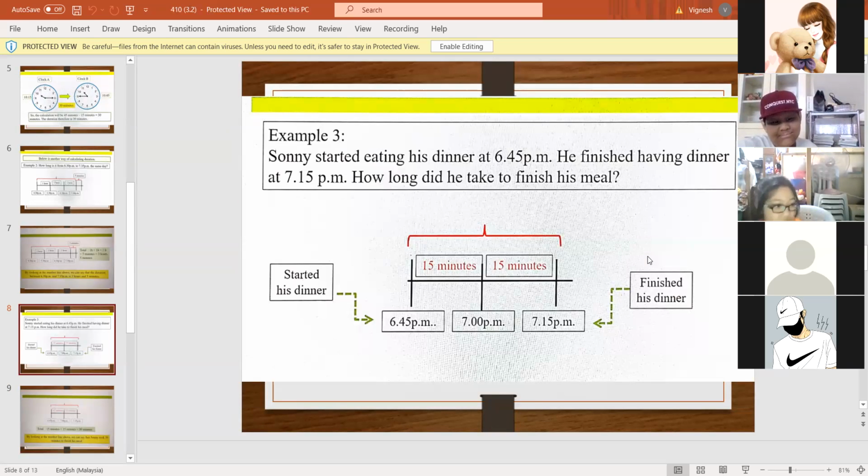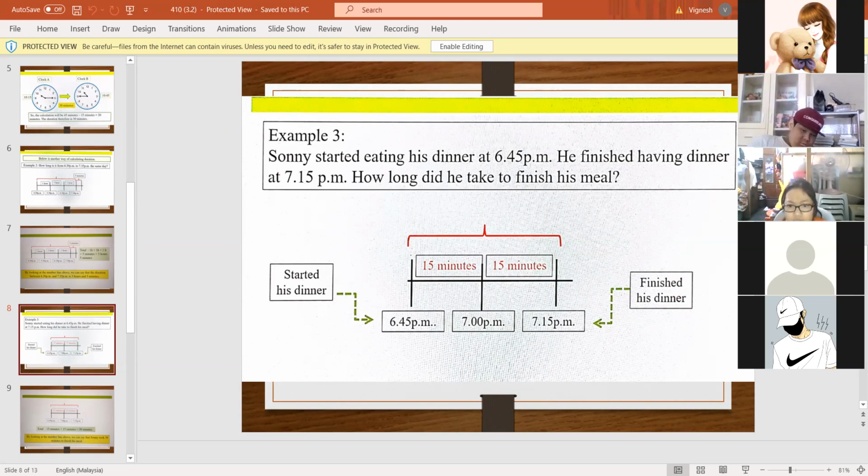Okay, wait, I'll move this one. Sonny started eating his dinner at 6:45 p.m. He finished having dinner at 7:15 p.m. How long did he take to finish his meal? Let me repeat the question.